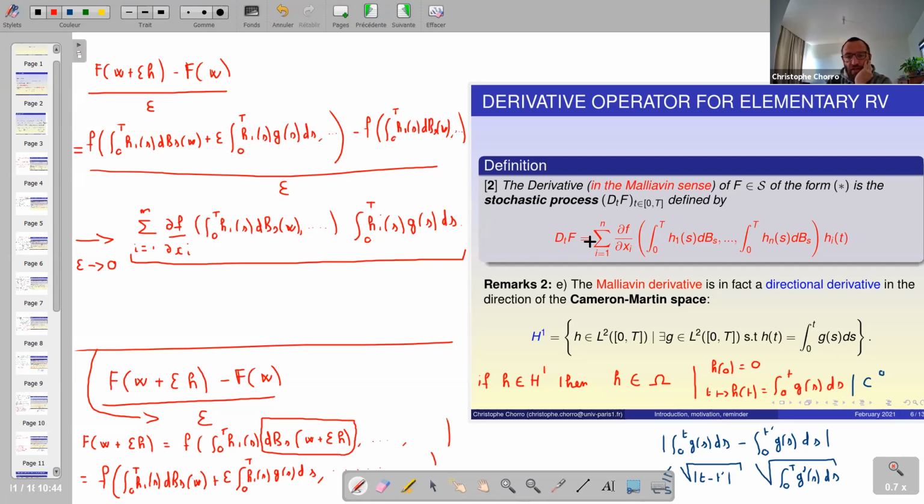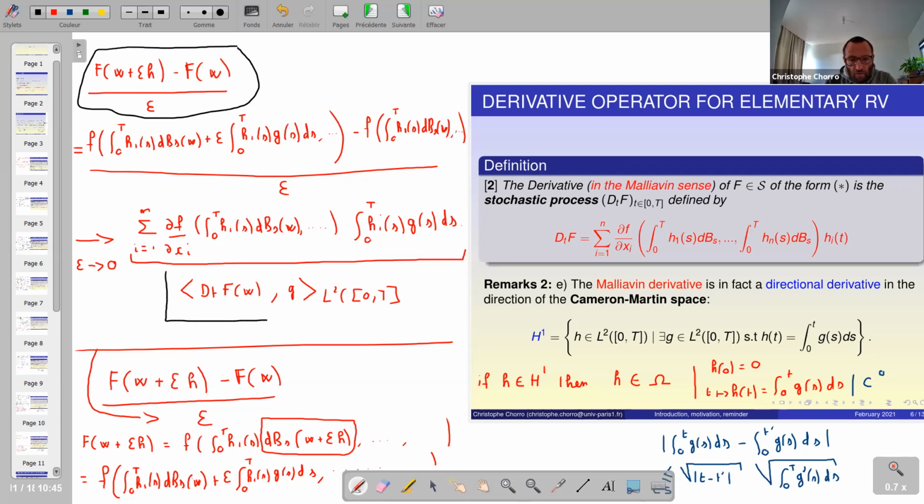But you see that this expression is not very far from what I have here. In fact, I can express it using the Dt of F here. It's the scalar product between Dt of F of w and the g that I have here, in L2 of 0 capital T. So the limit of this term when epsilon goes to 0 is equal to this one.